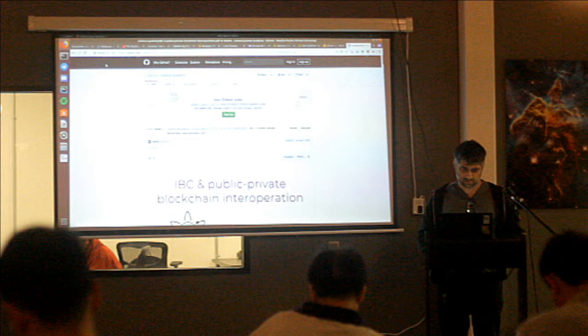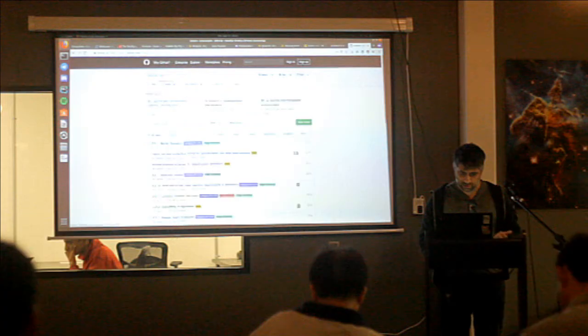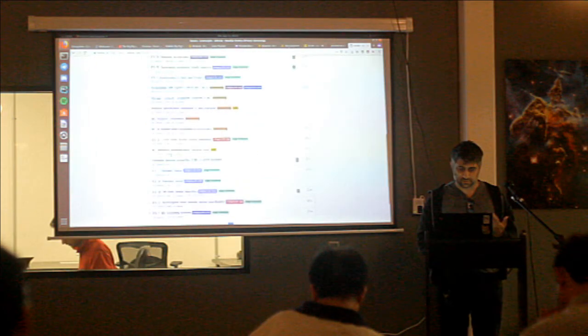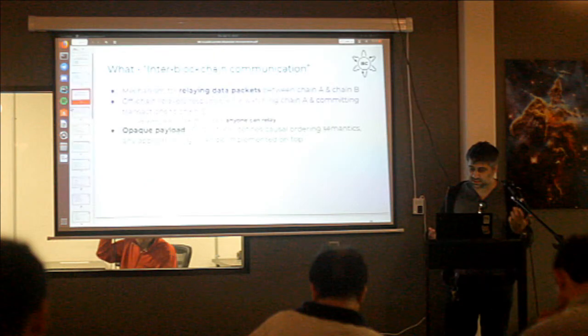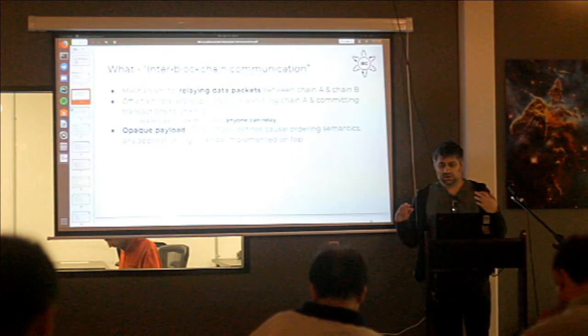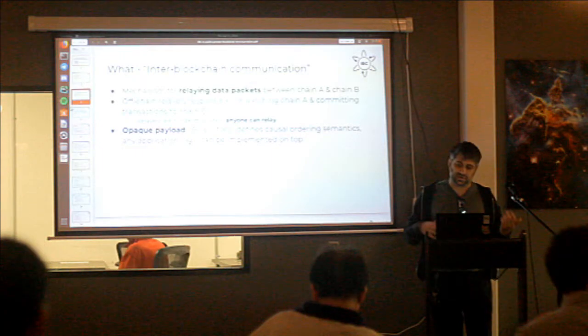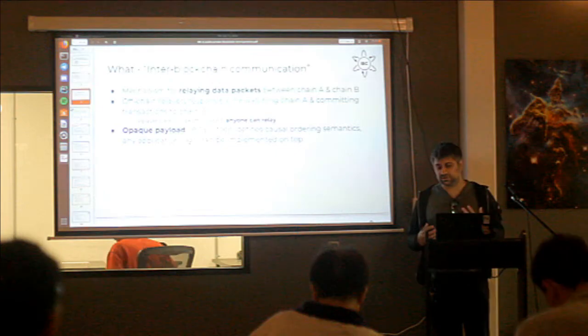So the open issues are a good overview of everything that we're working on on the IBC front. But the problem that IBC is intended to solve is basically this mechanism of moving data packets between chain A and chain B, where chain A and chain B are both to a degree suspicious of each other.